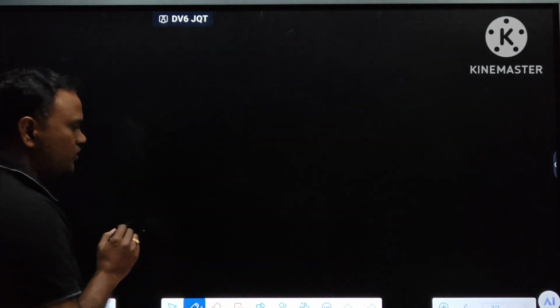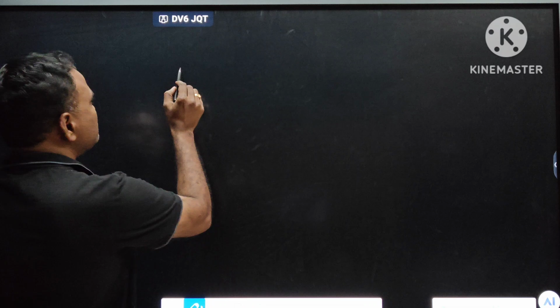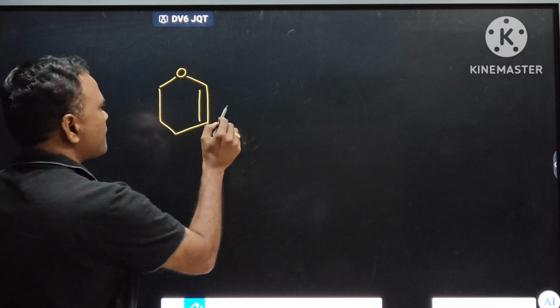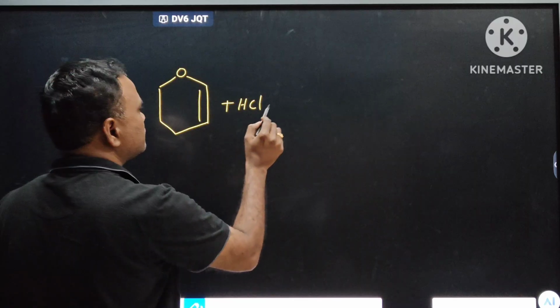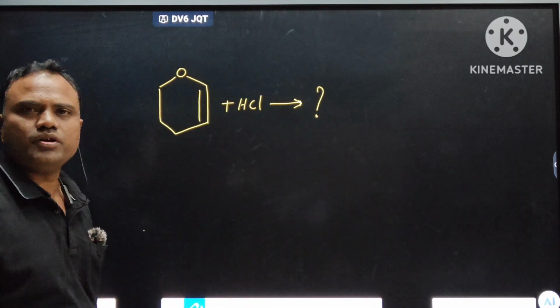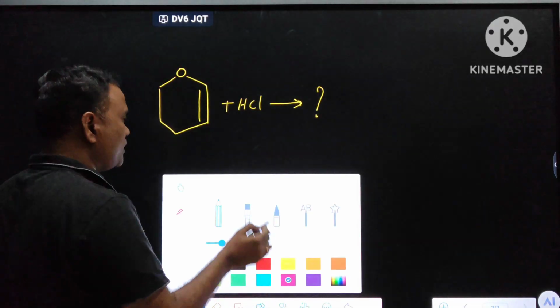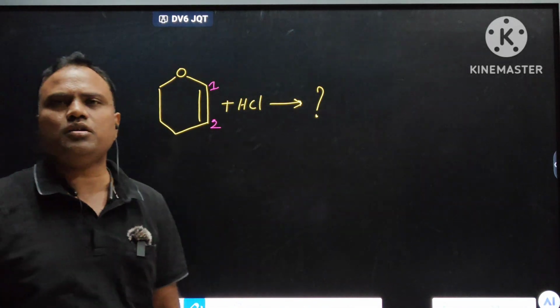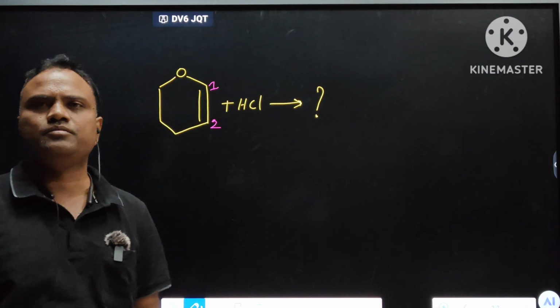Next, another important question. My question is, where will Cl be added? To the first carbon or to the second carbon?